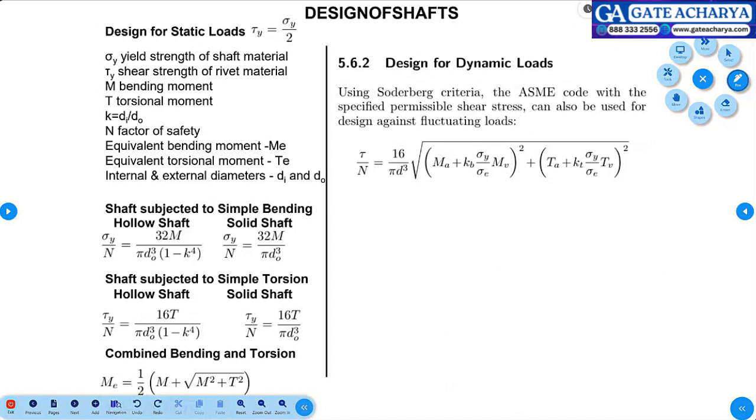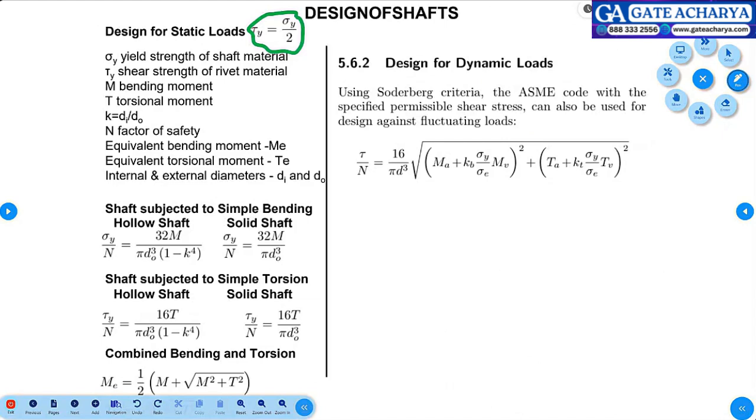So while shear is concerned, always remember how to calculate shear in a specimen subjected to uniaxial loading. Always the uniaxial stress value divided by 2, which here is sigma y by 2. This is a major concept with which you have to start designing a shaft. So sigma y means yield strength of the shaft material.